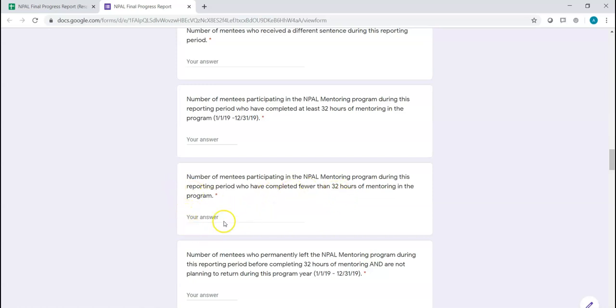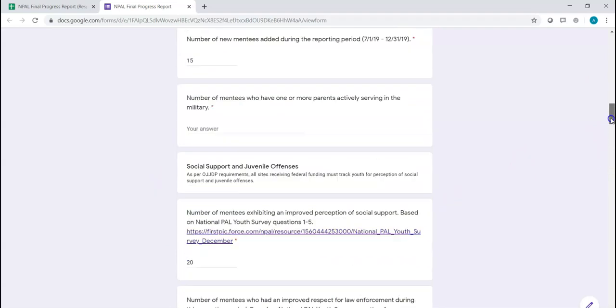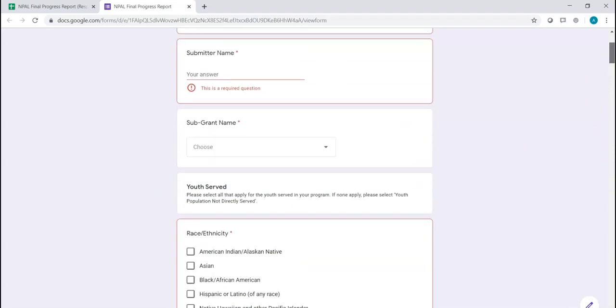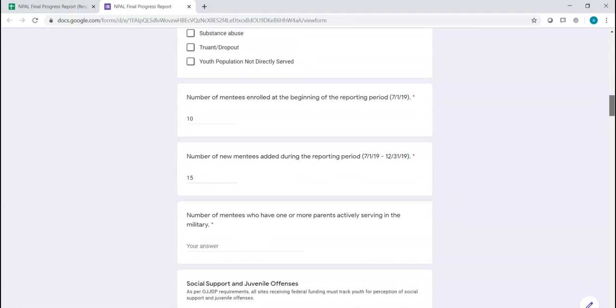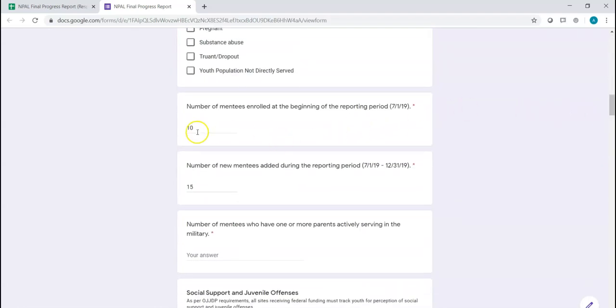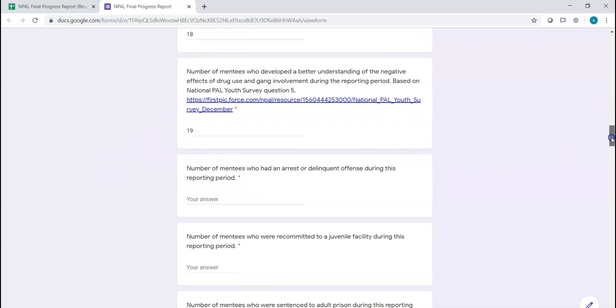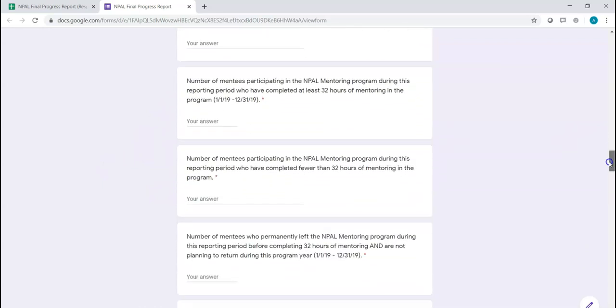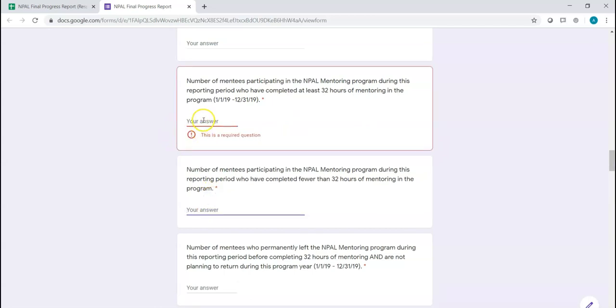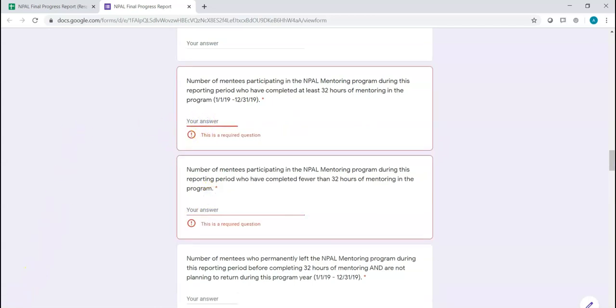I should note here that these 2 answers combined should also be the same total that you reported up near the top for the total number of youth that you were serving in the reporting period. So I had 10 and 15 for a total of 25. So these answers here should also total 25 when you combine them together.